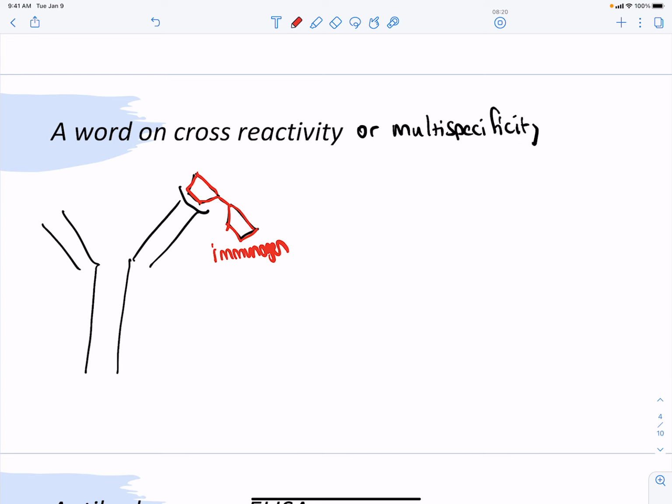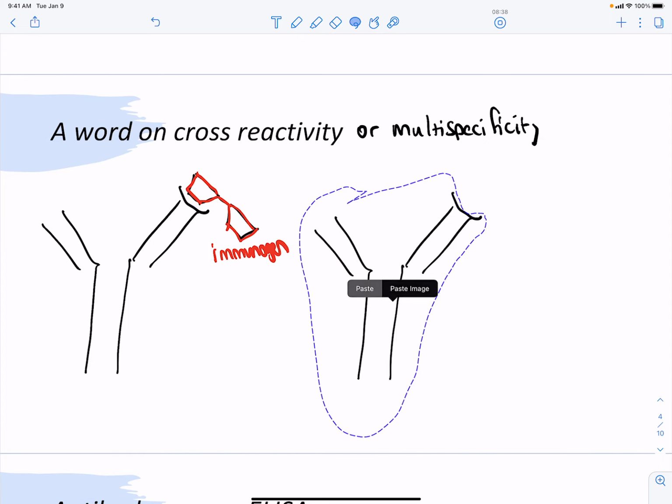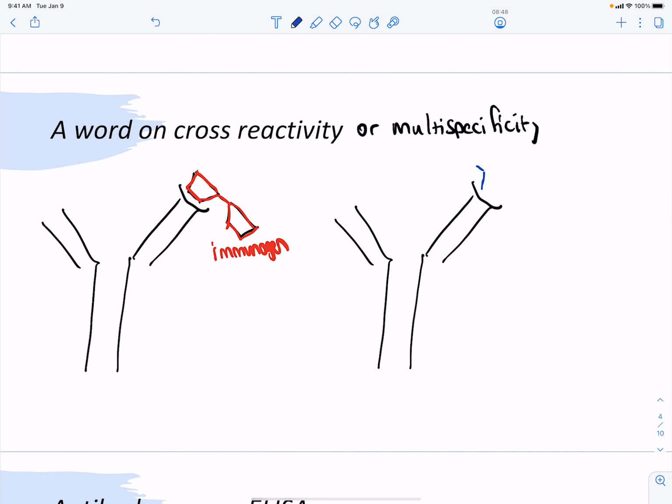And then you can potentially have a cross-reactive antigen. So for example, we'll take this same antibody, and if you have an antigen that looks similar to that red antigen, but it's now a blue antigen, but it still has kind of that little dip, but it's a different antigen altogether.